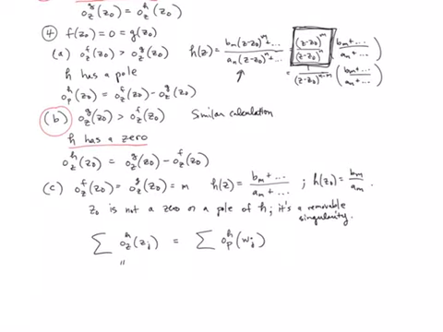So this is the sum over case 3 zeros, right? So this is case 3, the order of the zeros of h that come from case 3, and then from 4b, the orders of the zeros of h. And then that's equal to the orders of the poles.